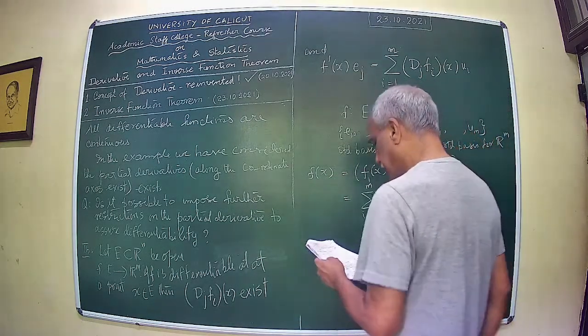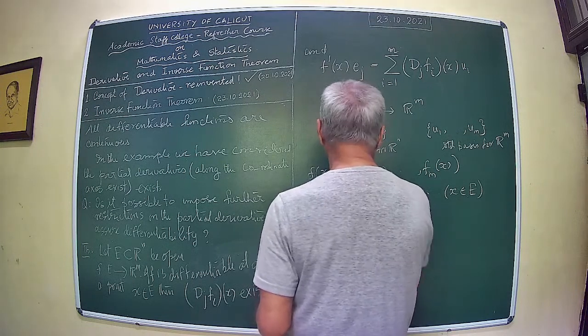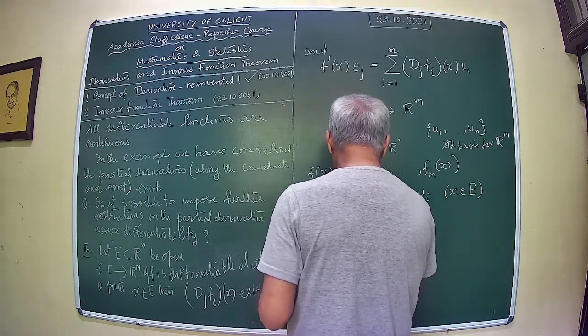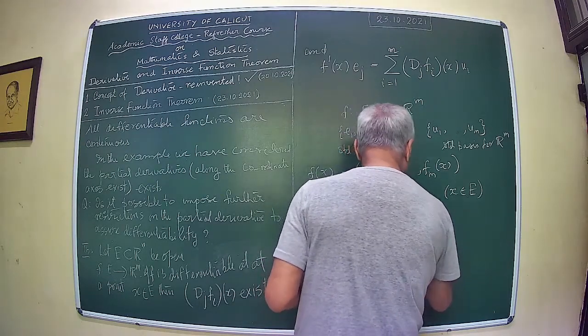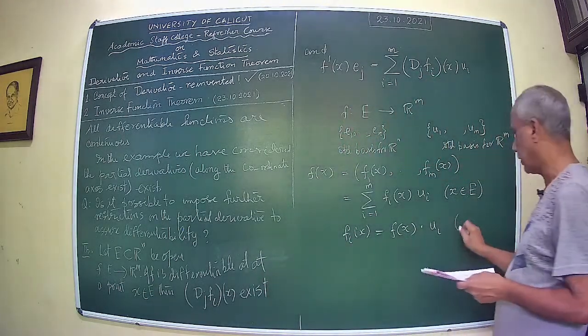Now what you have, therefore, f_i(x) you can calculate. What you do is you take the dot product of f with u_i.